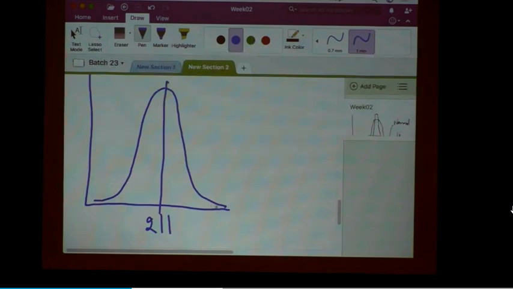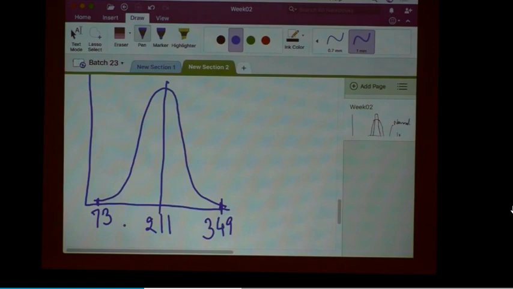So I want to understand the limits. Where does this end? 46 is one standard deviation, so 3 standard deviations is 138. 211 plus 138, so somewhere here at the 99.7 limits is 349. And 211 minus 138 is 73.